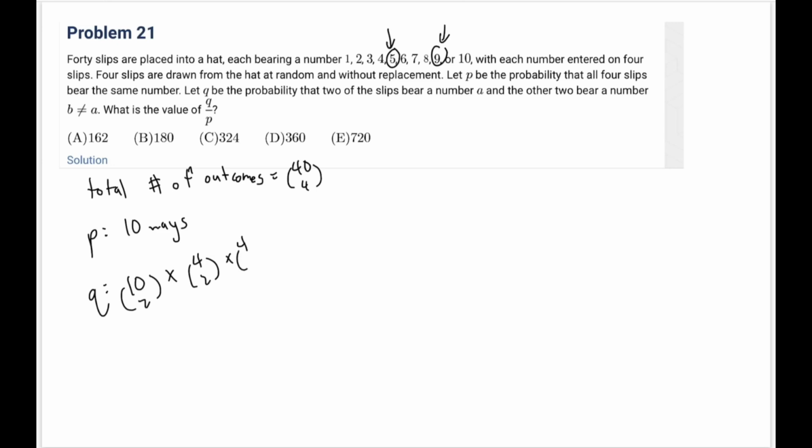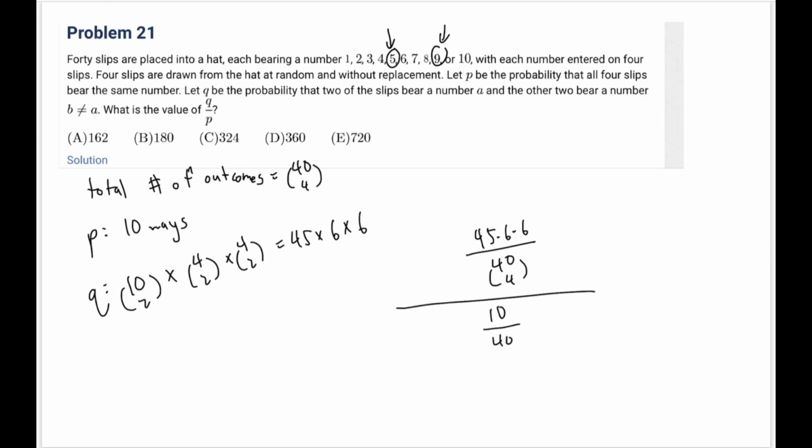That would also be 4 choose 2, and so this would be 10 choose 2 is 10 times 9 over 2. This is 45 times 4 choose 2 is 6 times 4 choose 2 is 6. And so the Q over P is 45 times 6 times 6 over 40 choose 4, all over 10 over 40 choose 4, right?